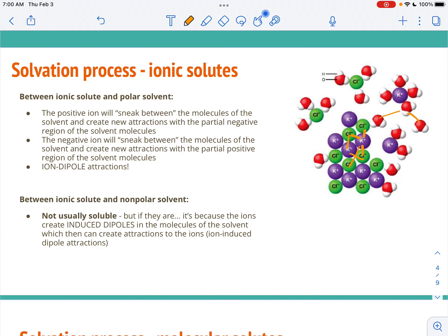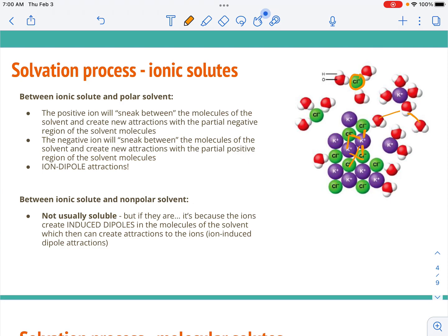You want to picture that in order for this to occur, the solute particles sneak in between the solvent molecules and the solvent molecules sneak in between the solute particles. It's always the positive forming a new attraction to the negative region of the other. This is what we call ion-dipole attractions, because we have an attraction between an ion and the pole of a polar molecule.